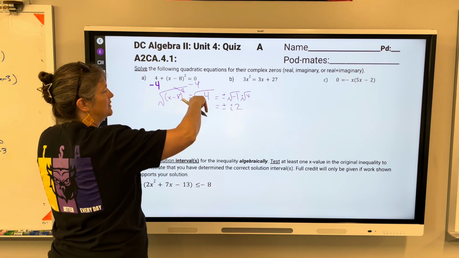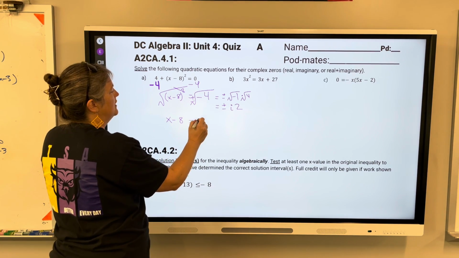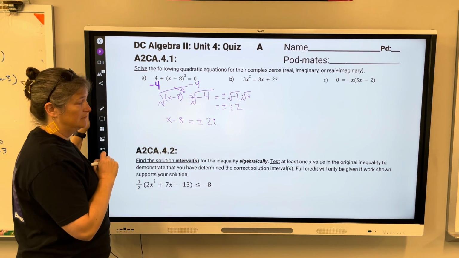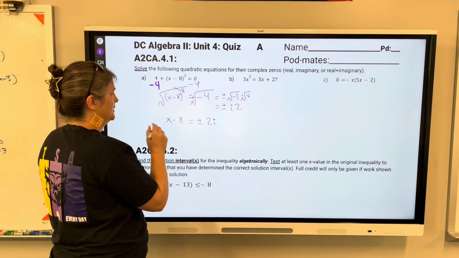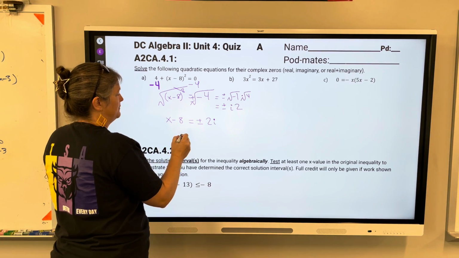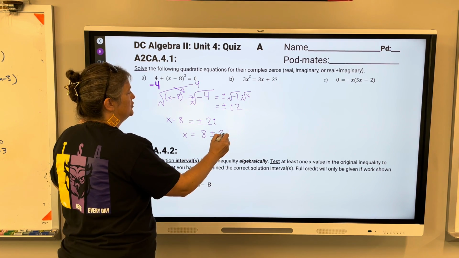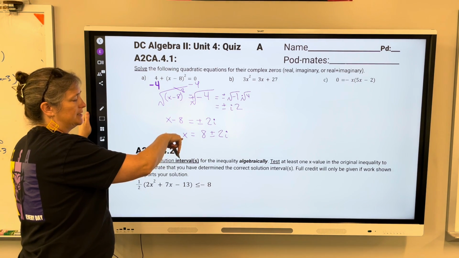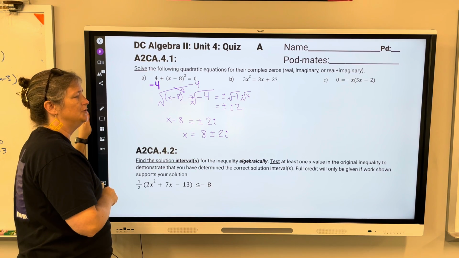So this whole side, x minus 8 equals plus or minus 2i. I'm allowed to change the order of those as much as I want because it's all multiplication. Now I'm going to add 8 to both sides, and I get 8 plus or minus 2i.